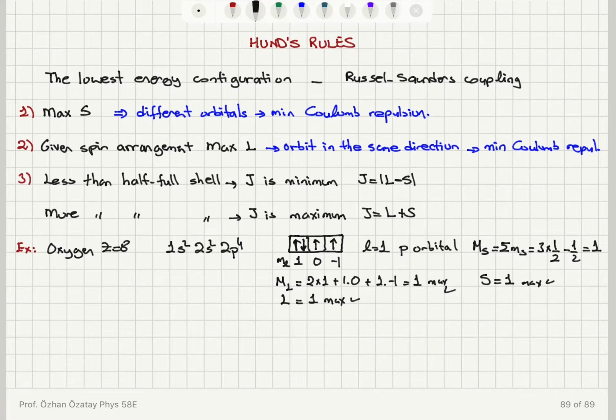And what is J? Half shell would correspond to 3 electrons.